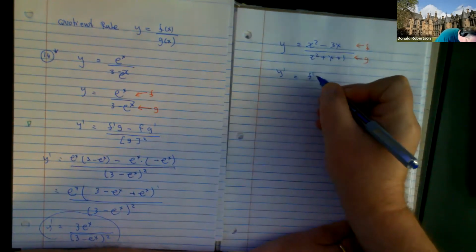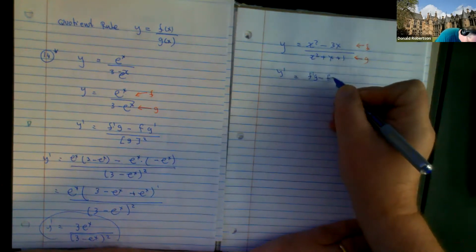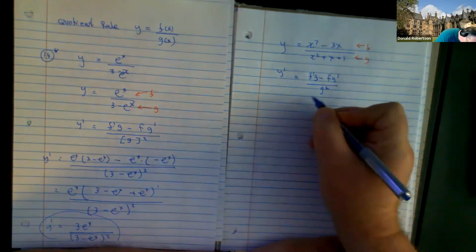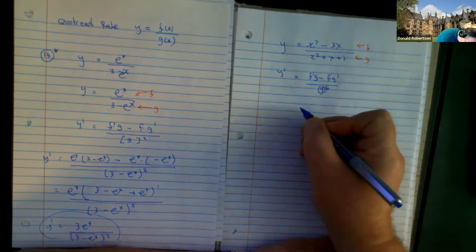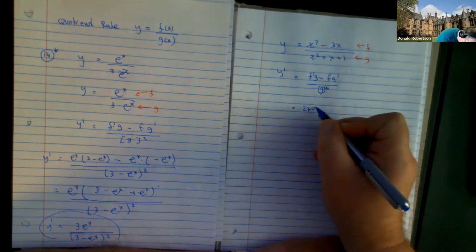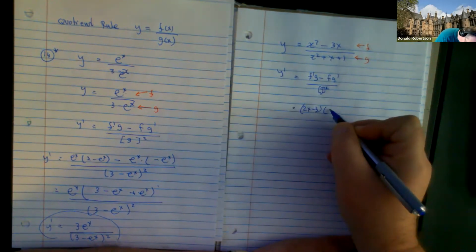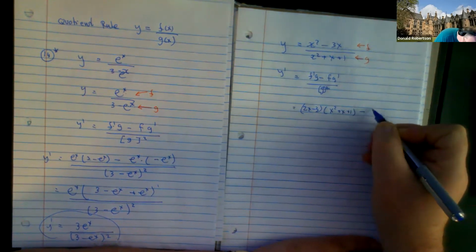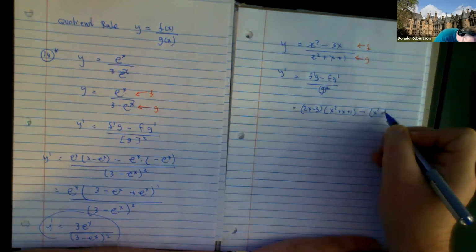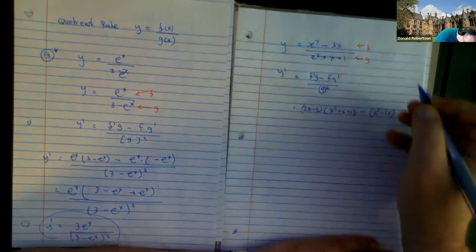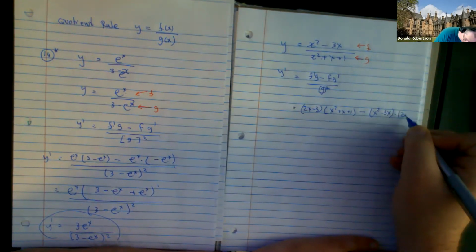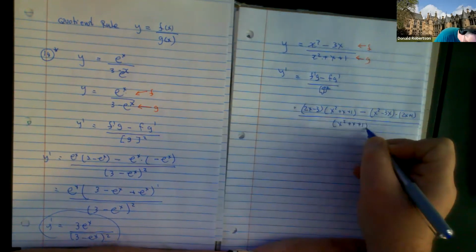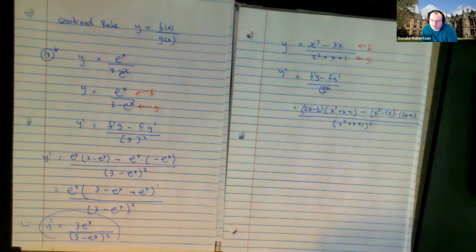So f dash g, take f of g dashed, over g squared. You differentiate the top, you get 2x take away 3, and you leave the bottom alone. Minus, leave the top alone, and differentiate the bottom with respect to x. And then finish with whatever is on the bottom squared.